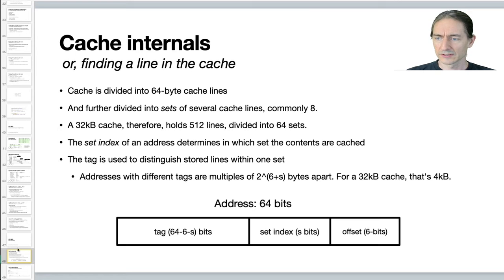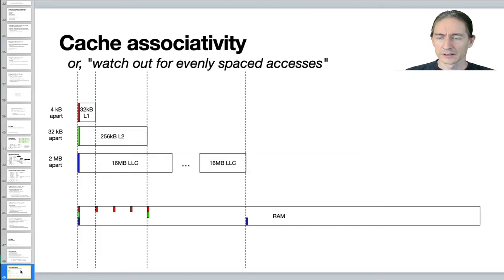It's a little confusing, so I made a drawing as well. One way to think of it is this. For our 32 kilobyte cache, the end result is that we have sort of a spacing of this L1 overlapping the main memory here.